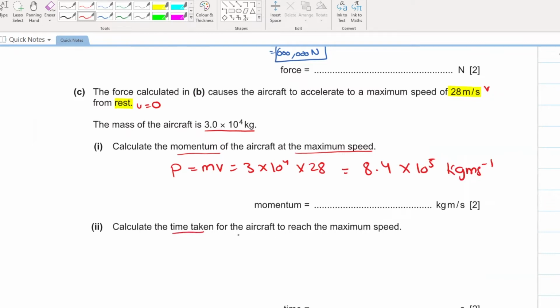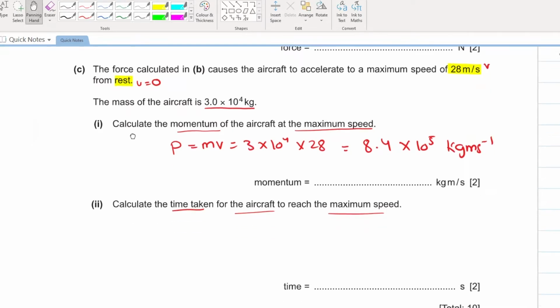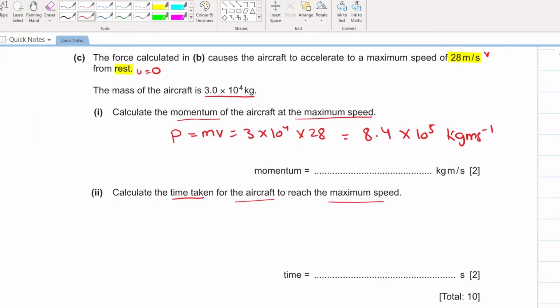Calculate the time taken for the aircraft to reach the maximum speed. How can we do that? First of all, we can calculate the acceleration. How? F is equal to ma. What is the resultant force? But there is a further easy way to calculate time. What have we studied?